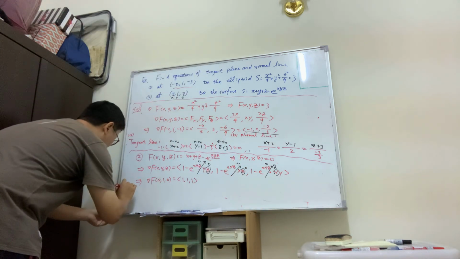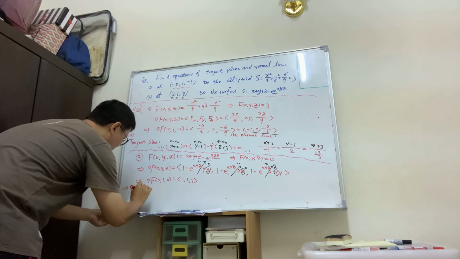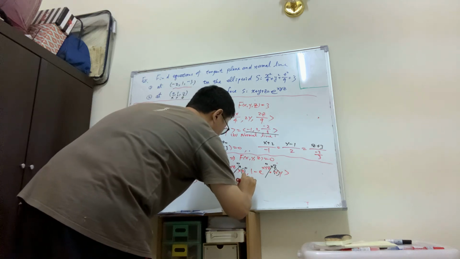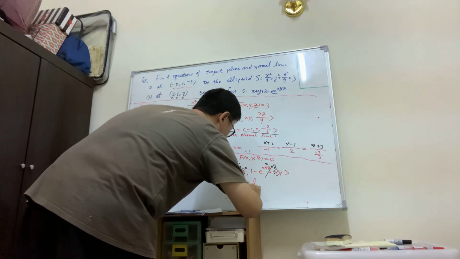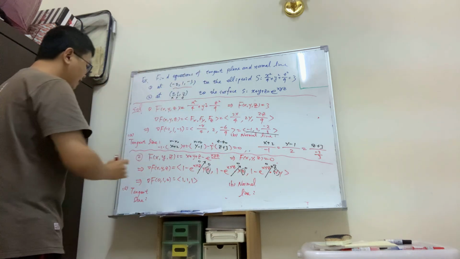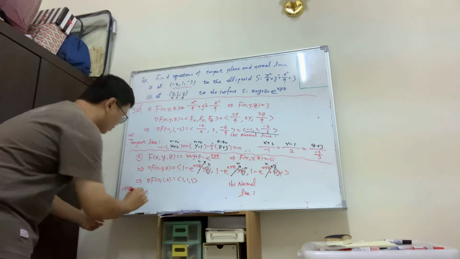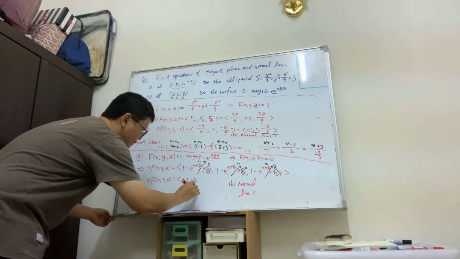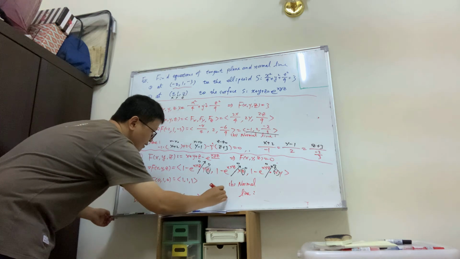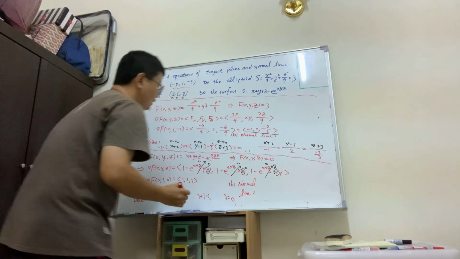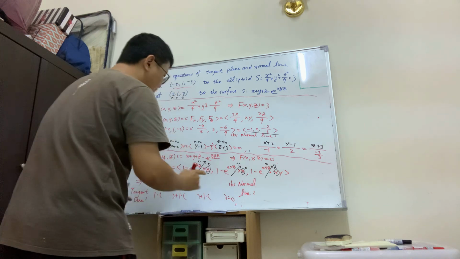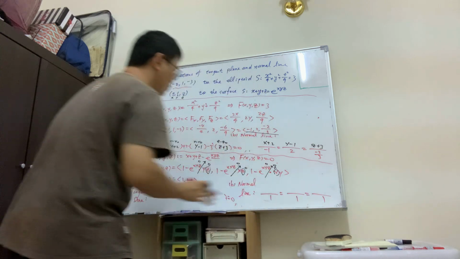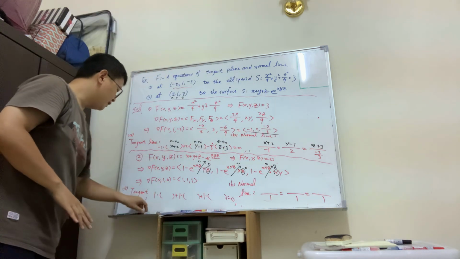Okay, so now we could write down the tangent plane and the normal line. Again, the vector is the coefficient: 1 times this term plus 1 times this term plus 1 times this term equals 0. And the 1, 1, 1 vector is in the denominator in the symmetric equation.